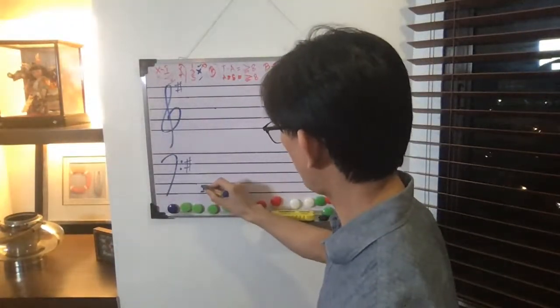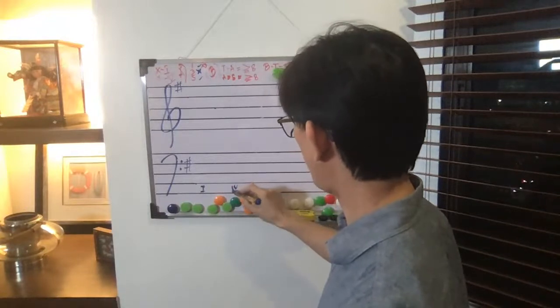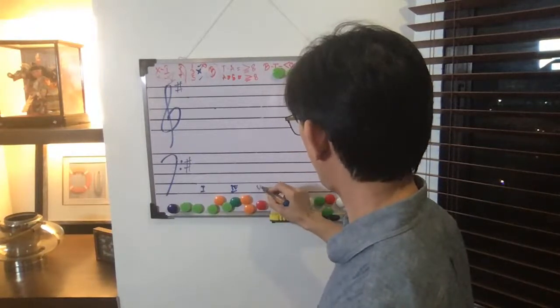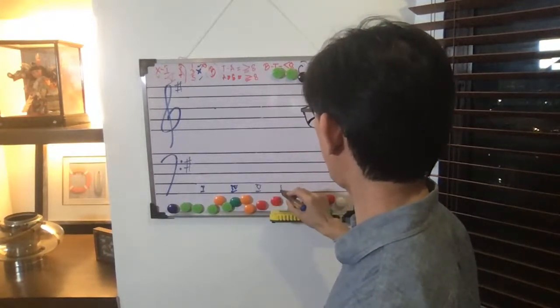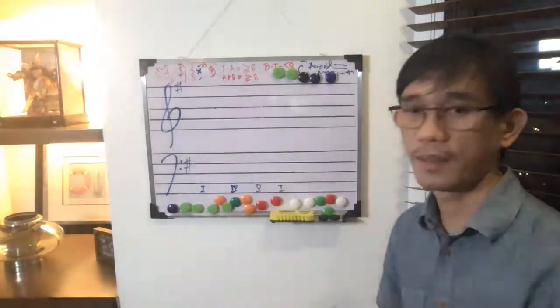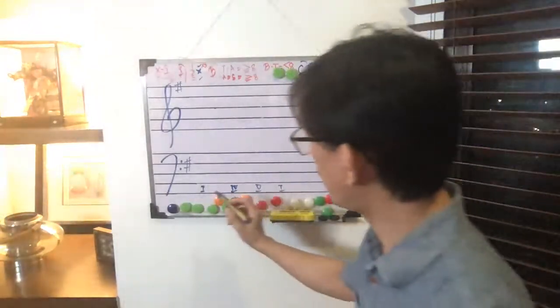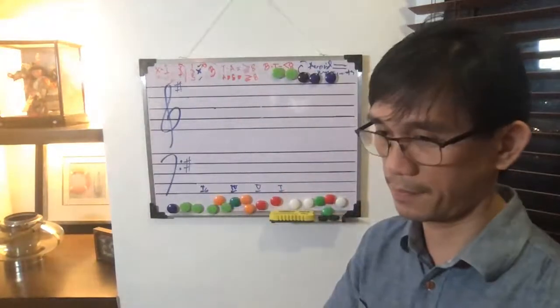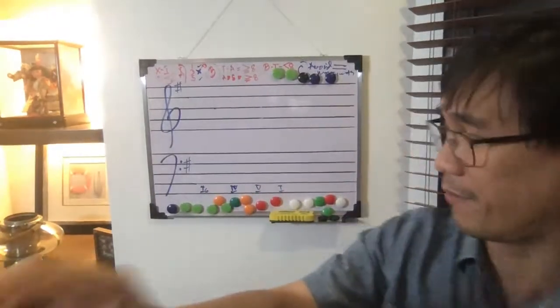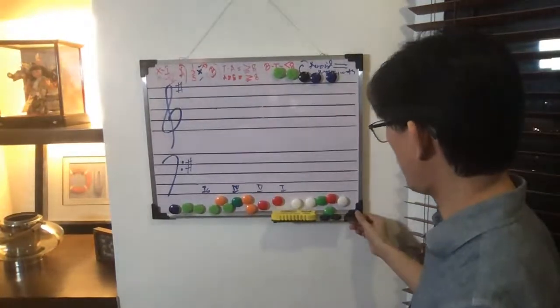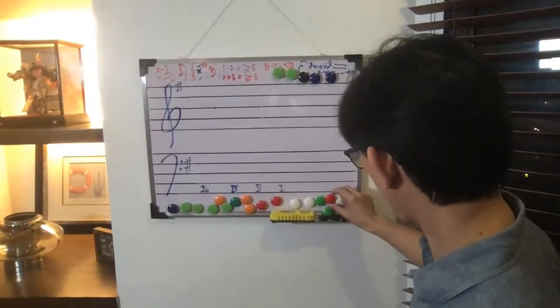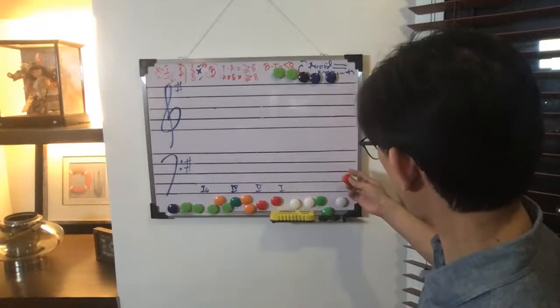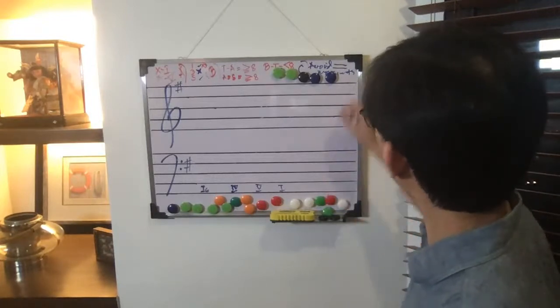Tonic, subdominant, dominant, and tonic. But this time, what if we start with tonic 6? I haven't given the tonic yet, so I'll give you now the baseline.